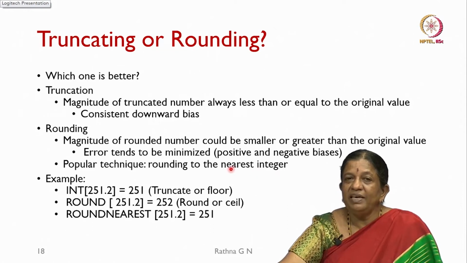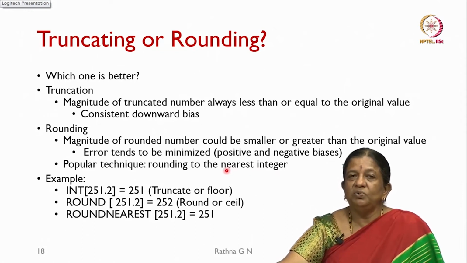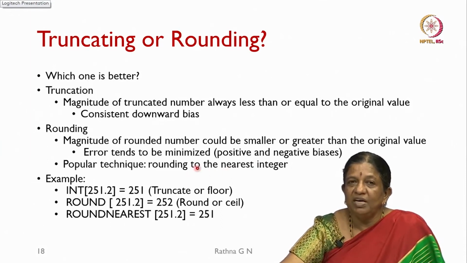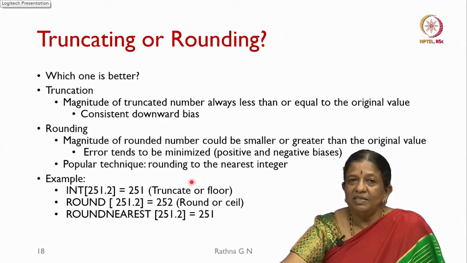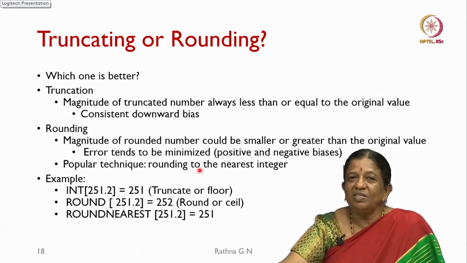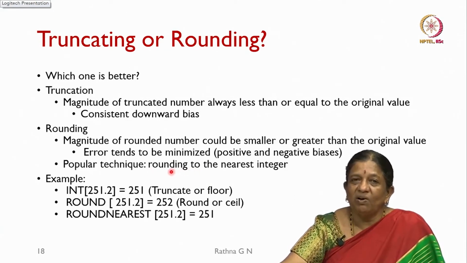In hardware, when I have to do rounding, I have to add 0.5 to the resulting number and then represent it to the nearest value. So, there is an additional addition going to happen, which will again cost us an extra clock cycle.